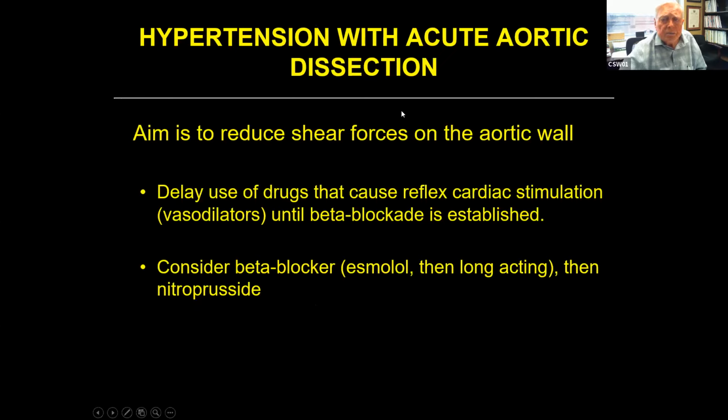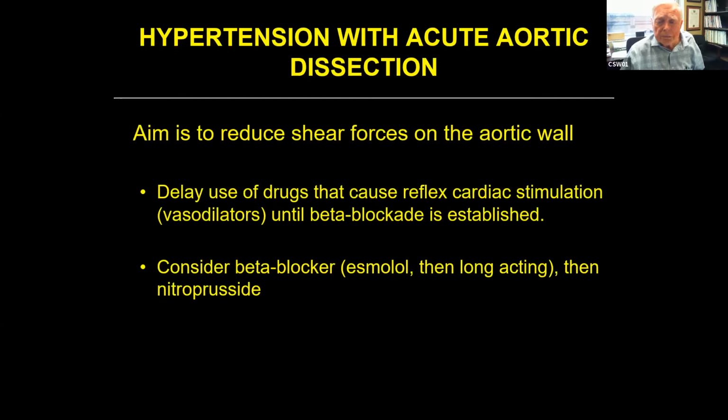So hypertension with acute aortic dissection, the aim is not to lower the blood pressure, but to lower the shear on the aortic wall. And the shear force is determined by the contractility of the left ventricle. So the first drug that you use should be something that reduces cardiac contractility.